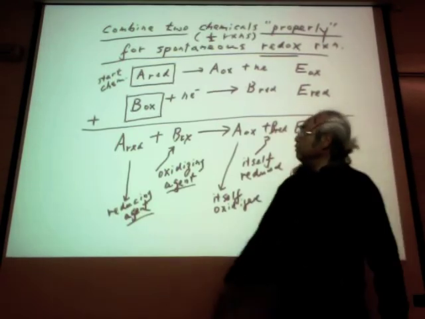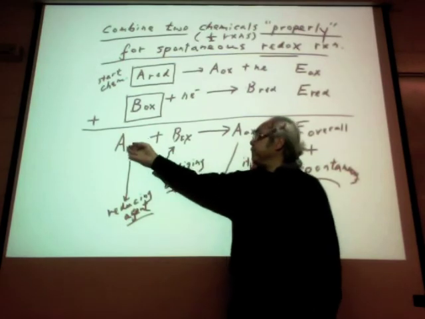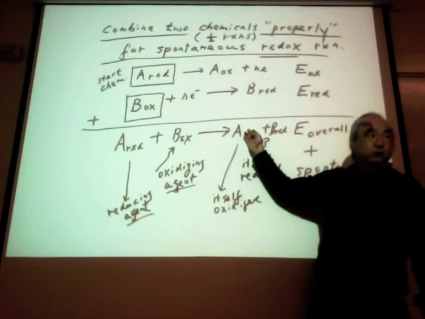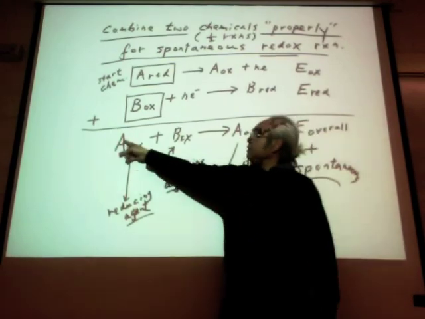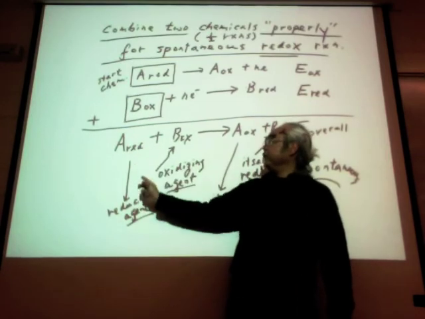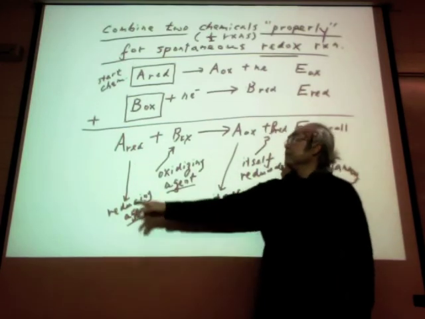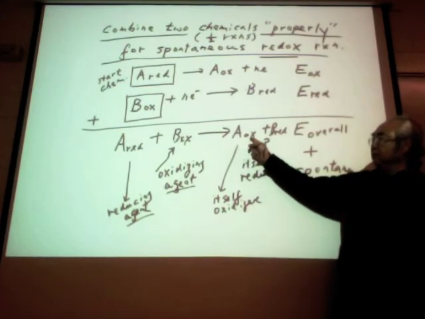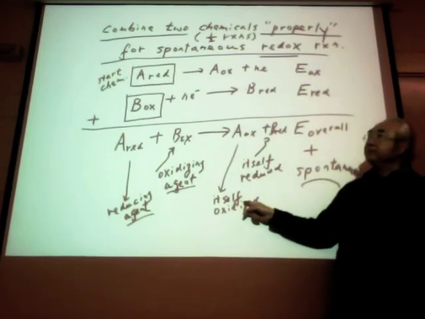Now, looking at the chemical by itself, because you now have a complete reaction and you know this reaction goes, this chemical is called the reducing agent. Why? Because after the reaction, it itself is oxidized.